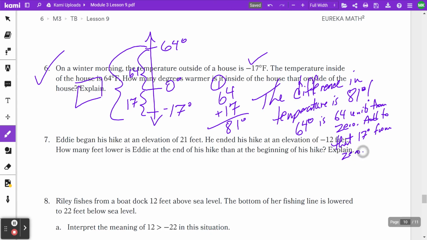Add to that 17 degrees from 0. You get, right? The result is 81 degrees. Oopsie. Why do I keep putting 80 degrees? All right, there you go.